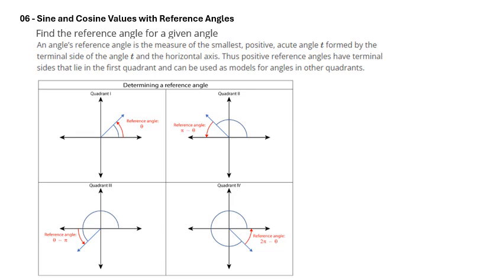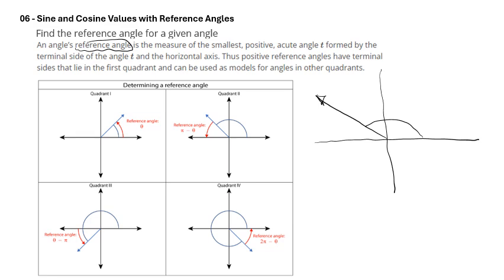If I give you any angle, whatever that angle may be, so here's the XY plane, and let's say this is my angle right here, okay? There it is. The reference angle is going to be the smallest positive acute angle formed by the terminal side and the horizontal x-axis.